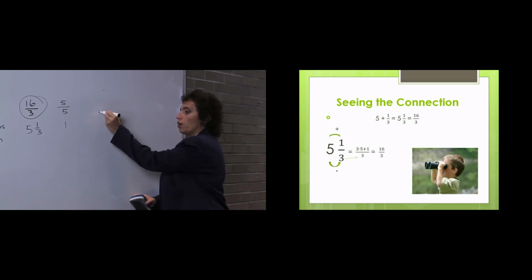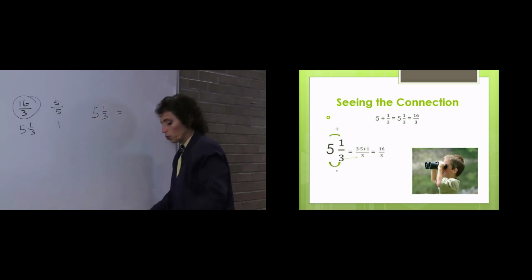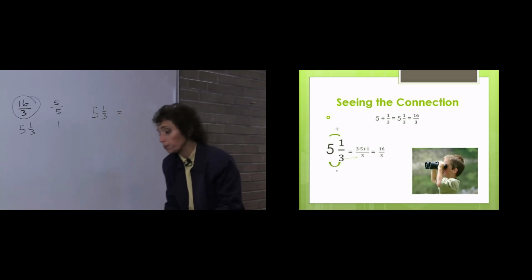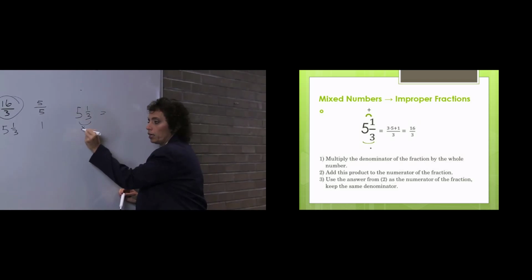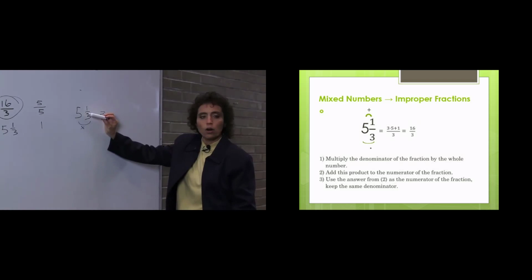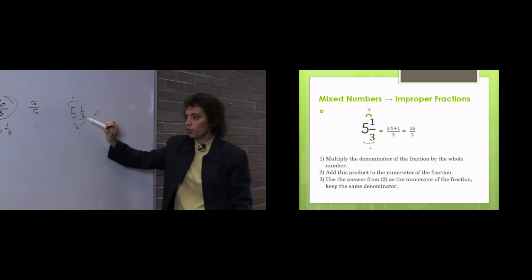If I have 5 1/3, and let me make that 5 bigger, and I want to change that to 16/3 without doing all that unnecessary drawing, because I am awful at it, here's what we do. We multiply the denominator and the whole number, and we add the numerator, and we put that over the denominator.